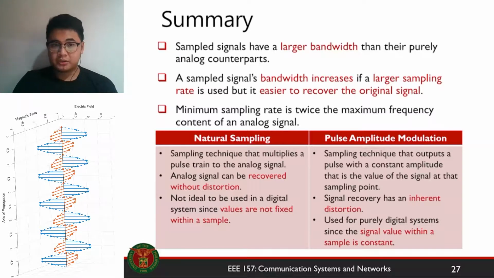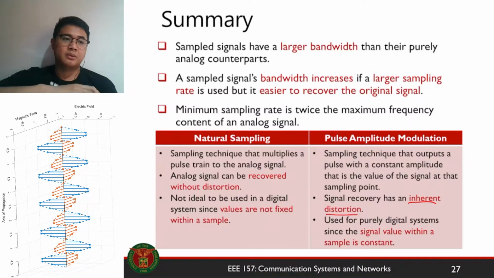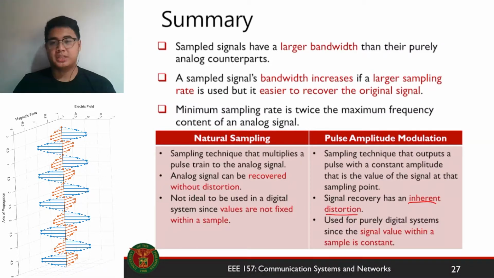The trade-off is that there's an inherent distortion in the signal because of the property of PAM. If you hold the signal within the pulse width, the frequency domain, as you can see, distorts your original message signal. That's the inherent distortion of pulse amplitude modulation. We can use it for digital systems since the signal value is constant, so the quantizer will have an easier time quantizing your sampled signal.